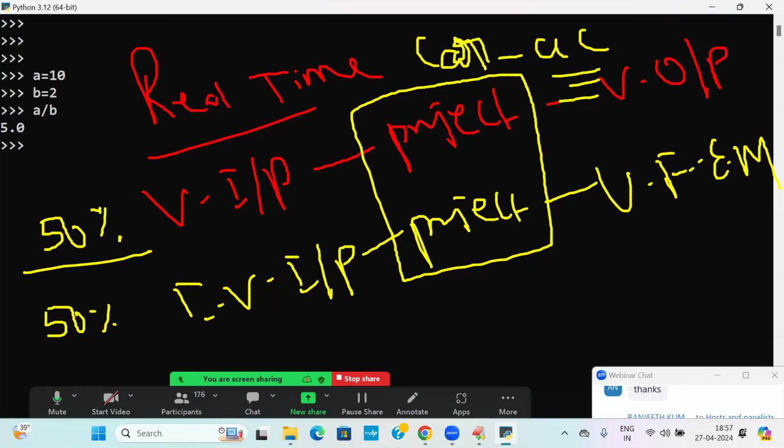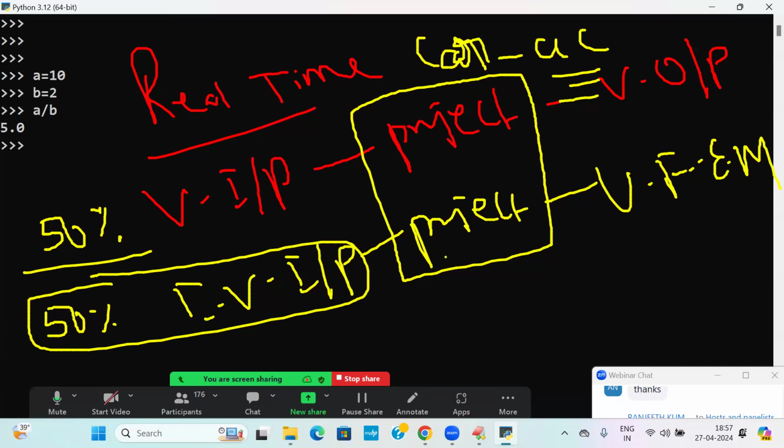Punctured means an exception is occurring in the journey. Because that exception is occurring, what will happen? If you don't know how to handle it, your project is only 50% success. When errors are coming, you must also know how to fix the errors. That is called the robustness of the project.